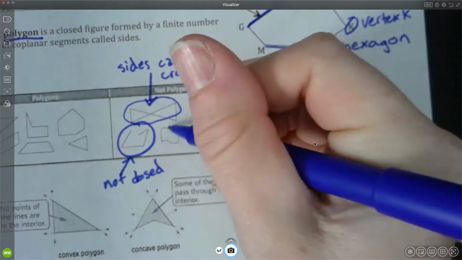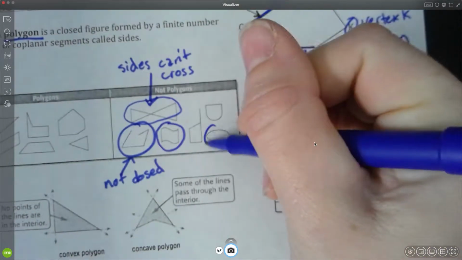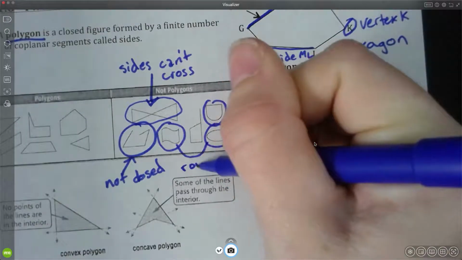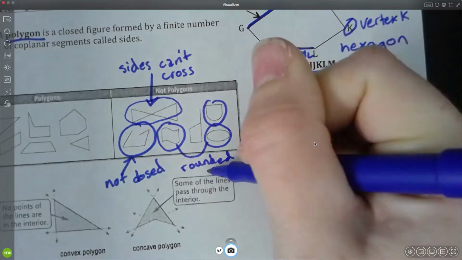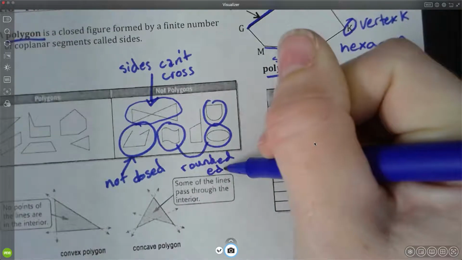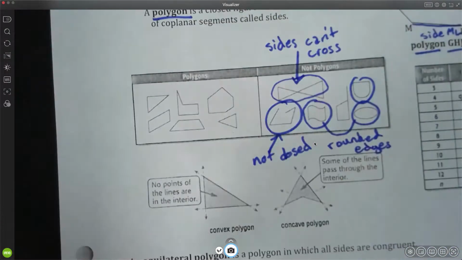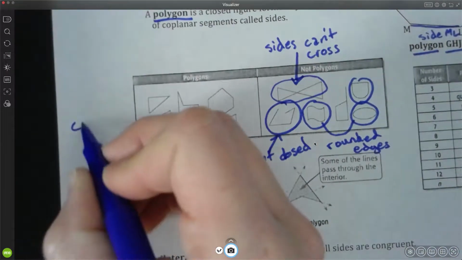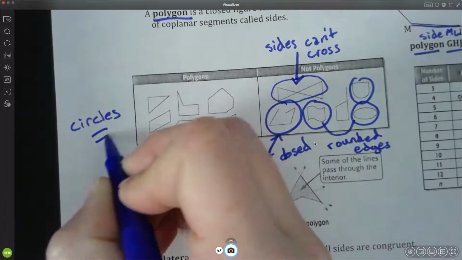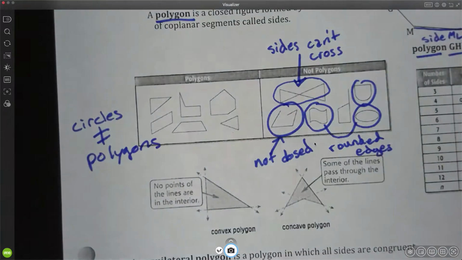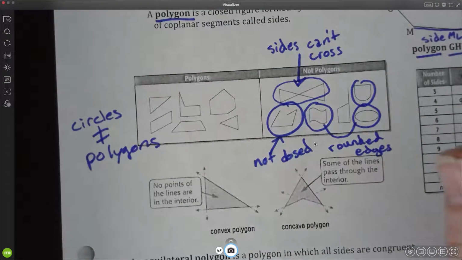Okay. This guy and this guy and this guy, the problem with those is that they have rounded edges, or rounded sides. And that is bad. You cannot have a polygon that has rounded edges. So even though we're going to talk about circles on the back side of the sheet, circles are not polygons. He is something different.